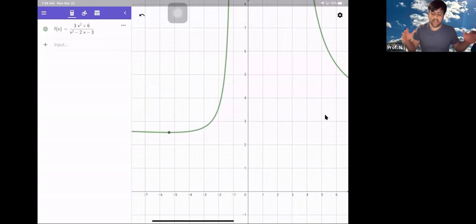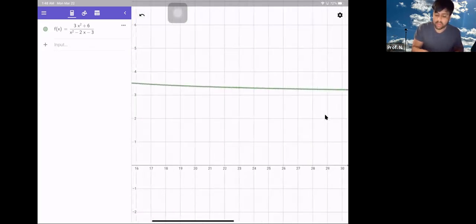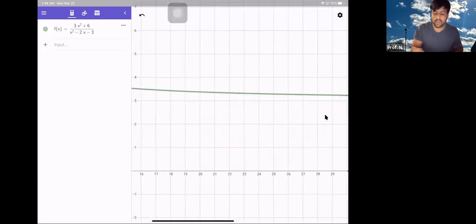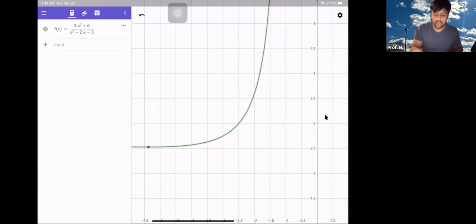In reality, horizontal asymptotes, you can cross them, you can touch them, but that occurs not at the ends, I should say. So if you notice at the ends, both of these graphs get really close to it but never touch it. But there's this part of the graph that does cross at y equals 3.